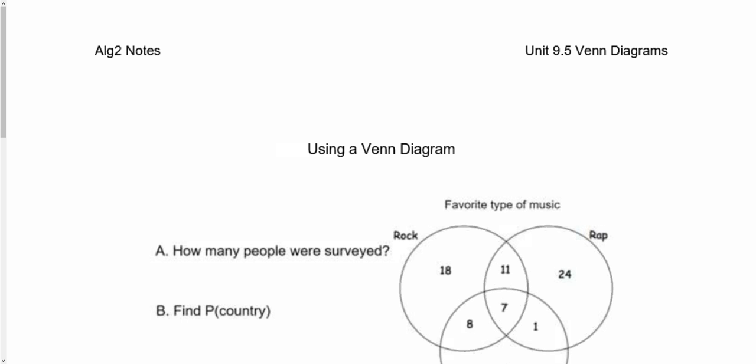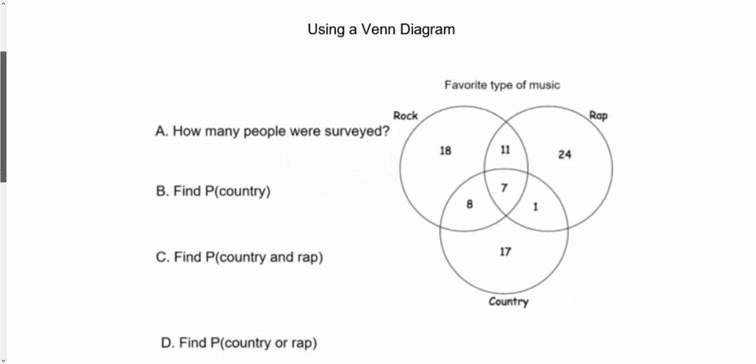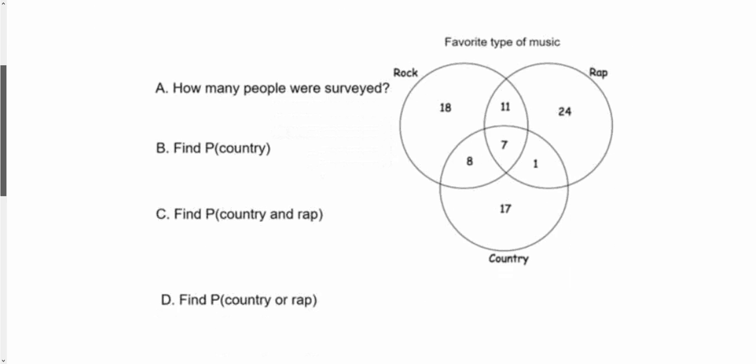Okay. So now using a Venn diagram. Before we use the Venn diagram to answer some questions, I want to make one up for a second, because all of the examples that I borrowed don't always look like the problems in the assignment.